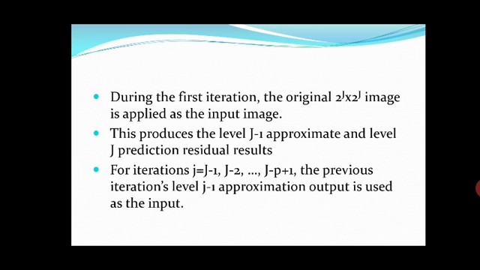This produces the level j minus 1 approximation and level j prediction residual results. Further onwards, it will be divided into levels. The iteration carries forward with j equal to j minus 1, j minus 2, likewise. So the number of iterations decreases based on previous iterations on the image.